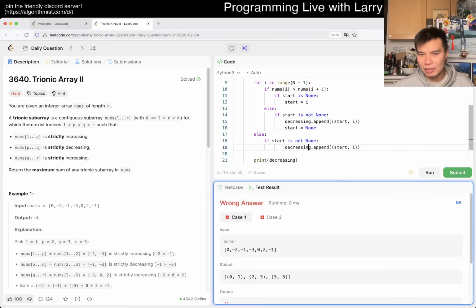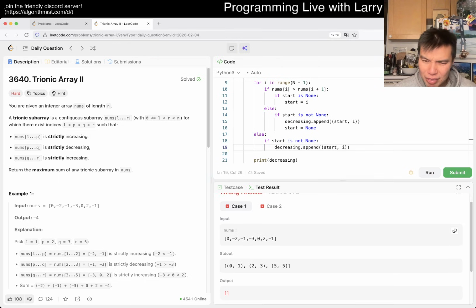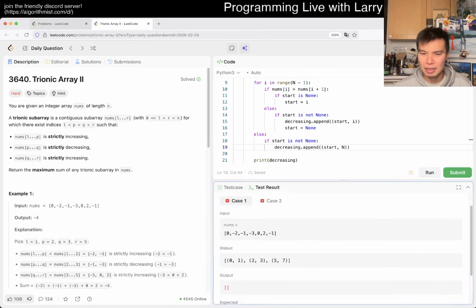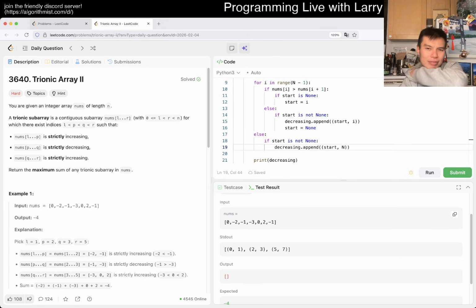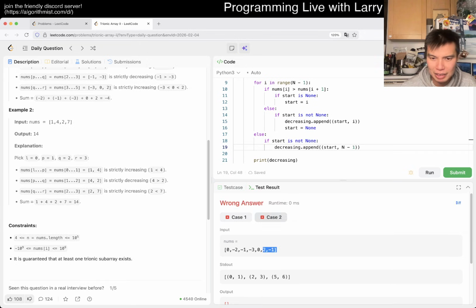This is why you debug these things. Oh, i is not this i, it's going to be n, or the next i. Well, I guess n-1, because n-1 is the last index and we're doing inclusive indexes apparently.